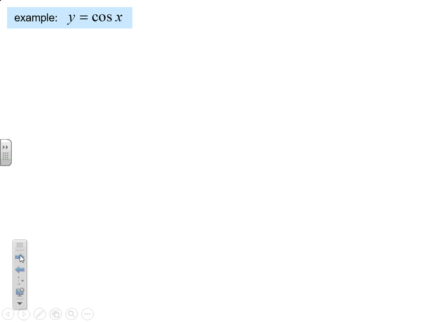Okay, so we're centered at 0 if it's Maclaurin. Our function is cosine of x, evaluated at 0. 1. Okay.